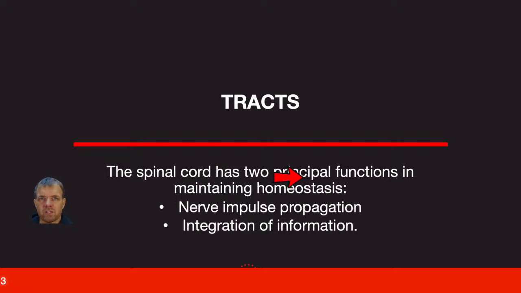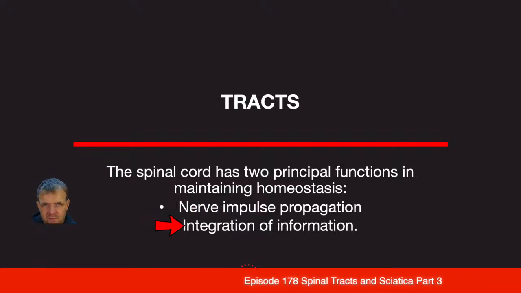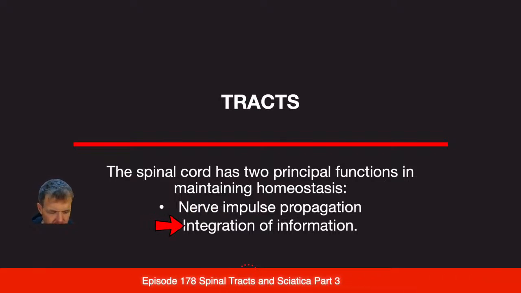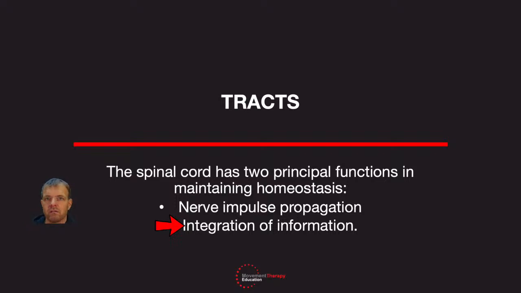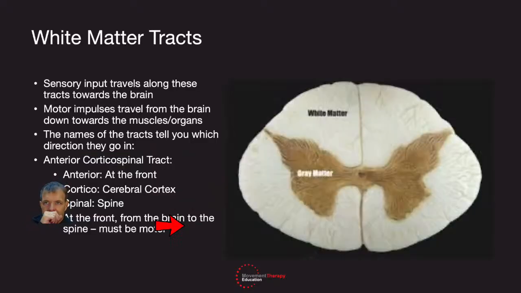So the spinal cord has two principal functions in maintaining homeostasis. So we've got nerve impulse propagation, and then integration of information. Just get rid of that so we can see everything. So this is what we've just seen on the previous slide. So we've got the grey matter and the white matter. The sensory input travels along tracts towards the brain.